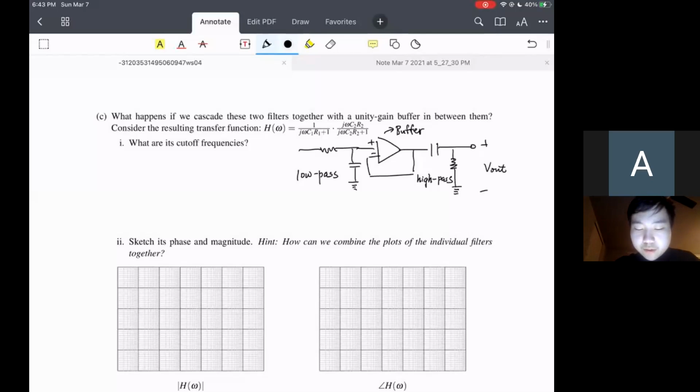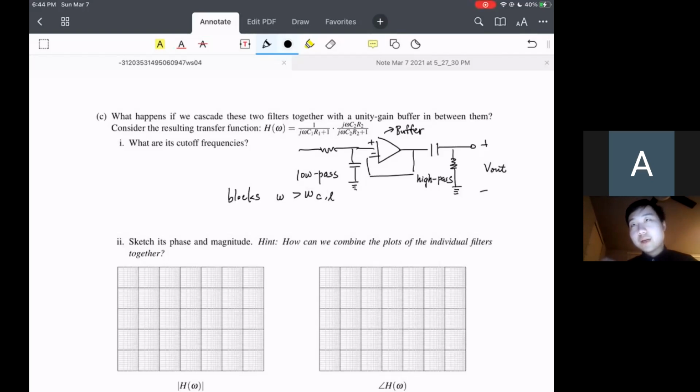We know in the case of a low-pass filter, if you go beyond omega c of the low-pass filter, then the signal gets blocked, right? It blocks all signals with omega being greater than omega c.